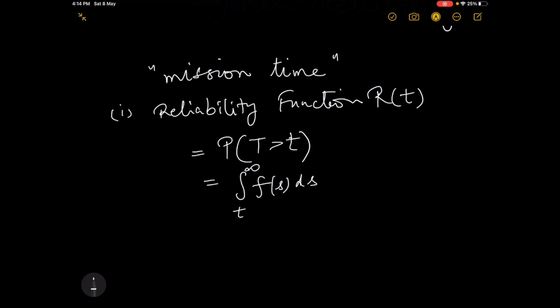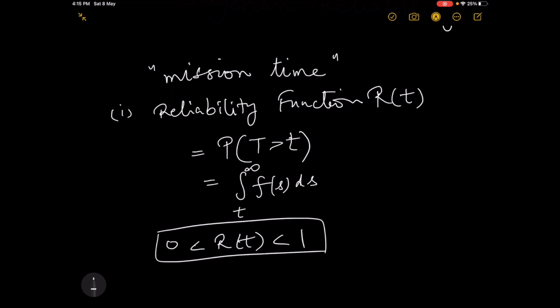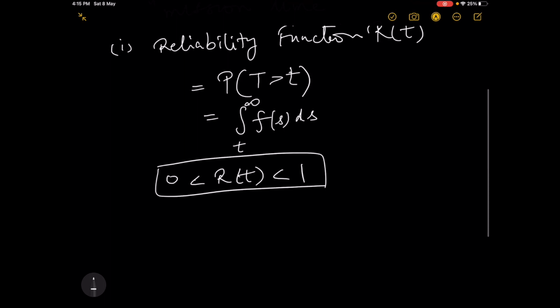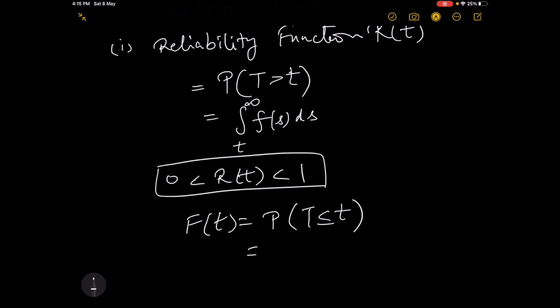Being a probability, the reliability function must always lie between 0 and 1. Thus, the corresponding CDF, if we look at the definition of the CDF, can be termed the unreliability function.